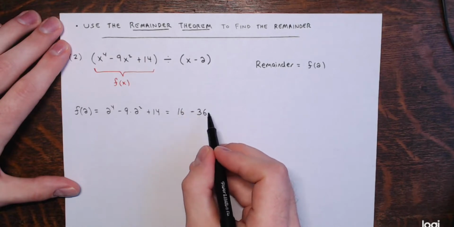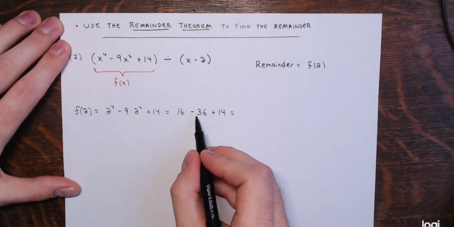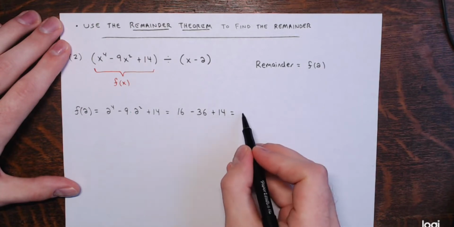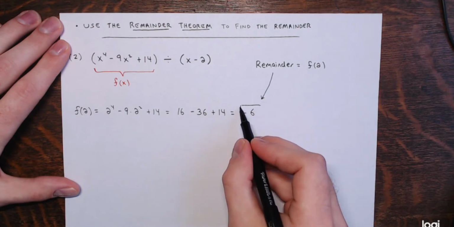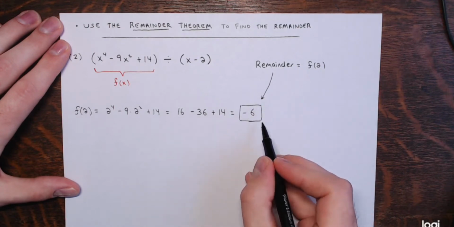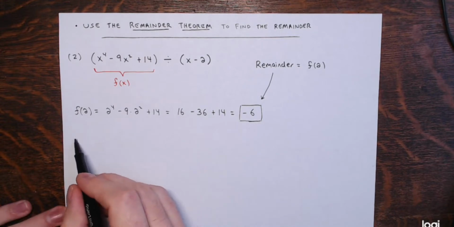And then plus 14. 16 minus 36 is negative 20. Plus 14 is negative 6. This should be the remainder when I do this division. Well, let's actually divide and check it.